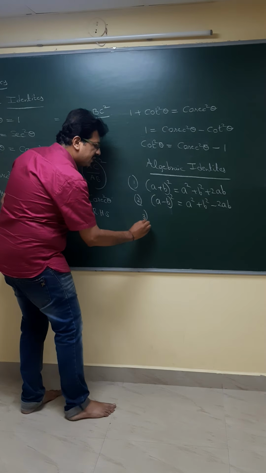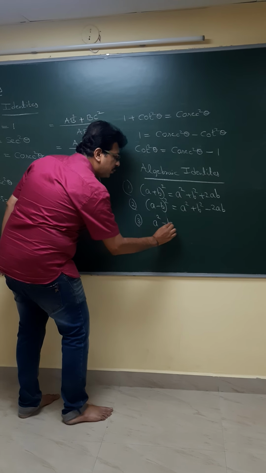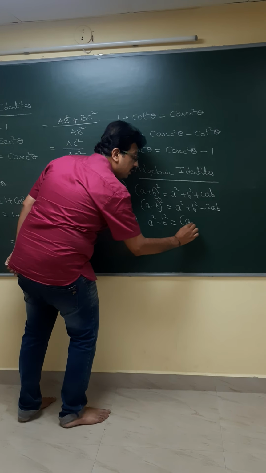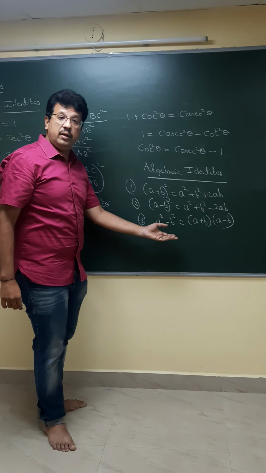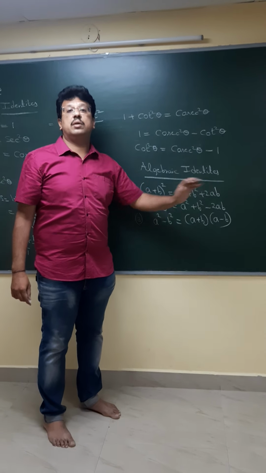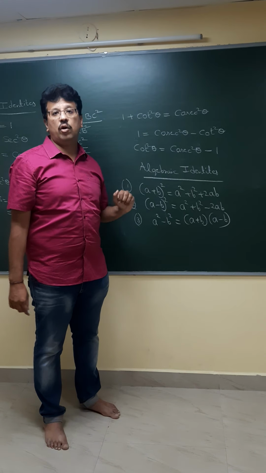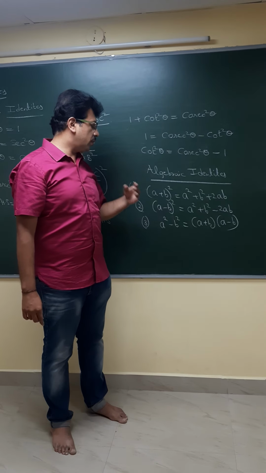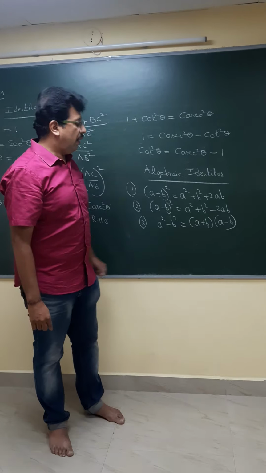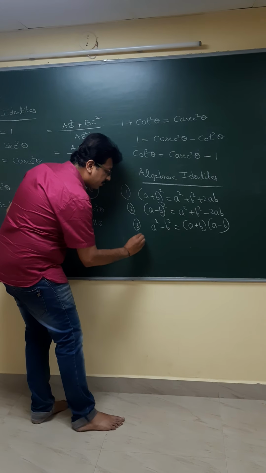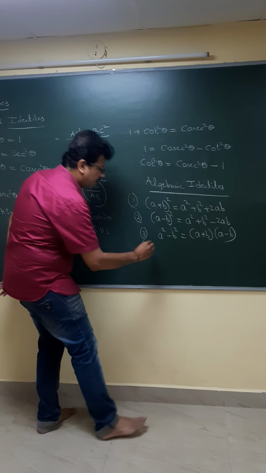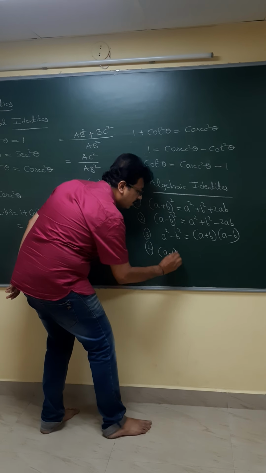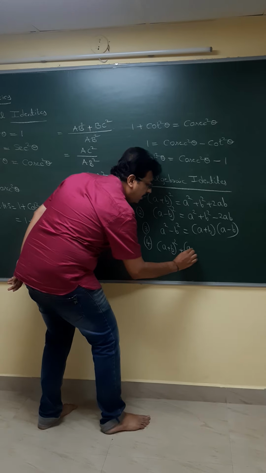The third identity is a square minus b square. It is very important. You are going to use this identity in your problems, in trigonometrical problems. And the fourth one is, sometimes you need to add up these two identities, like a plus b whole square plus a minus b whole square.